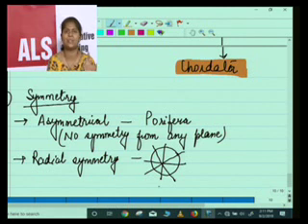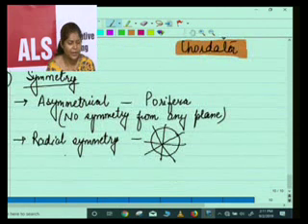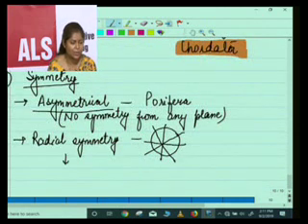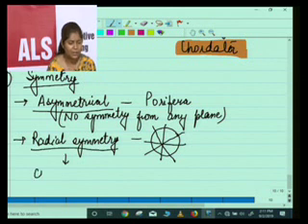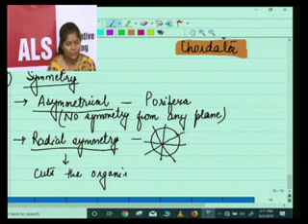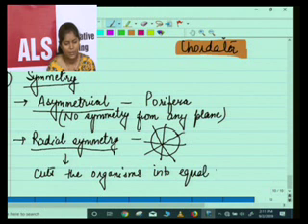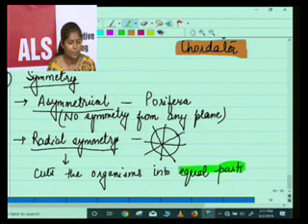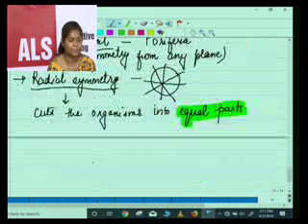You just need to think about pizza. Pizza is having radial symmetry. So radial symmetry is basically a kind of symmetry that cuts, since we are talking about animals, the organism into equal parts. Mind it, it is equal parts.